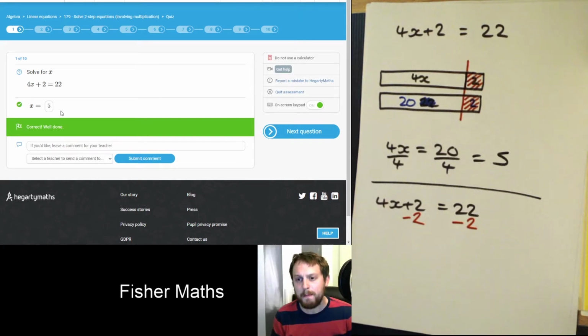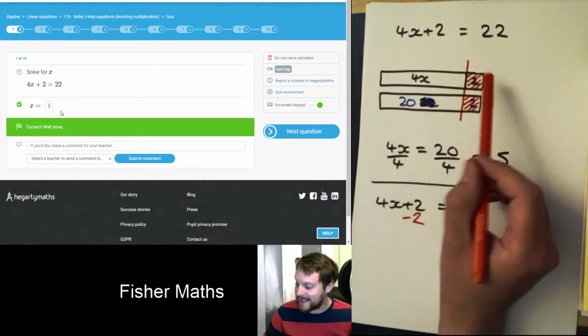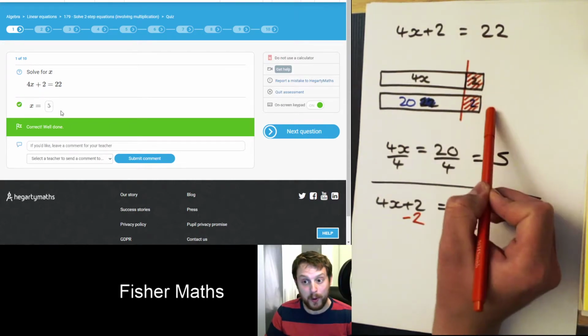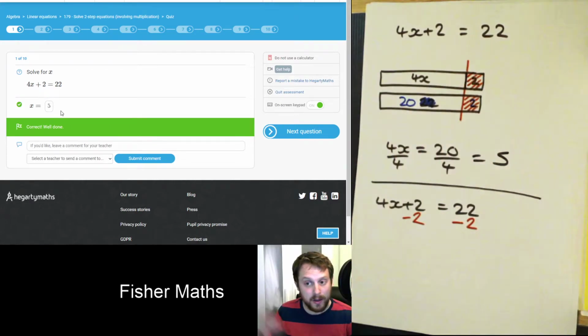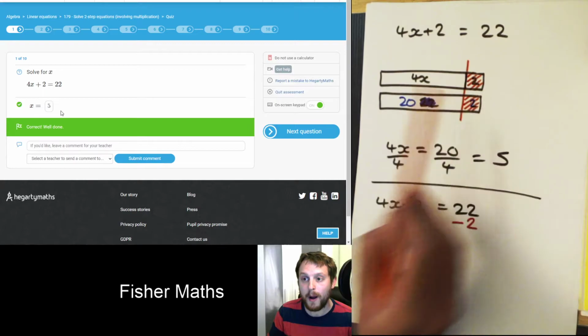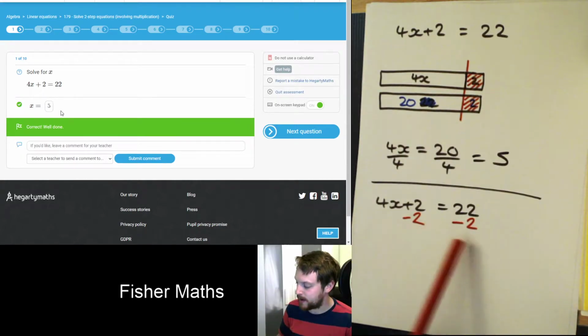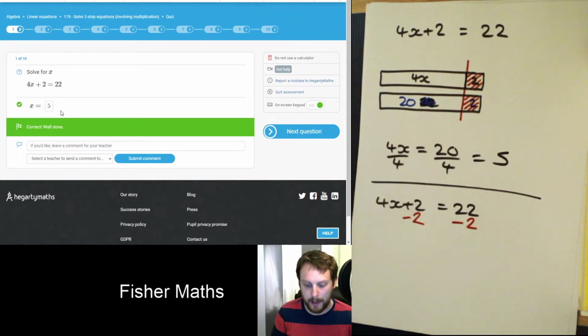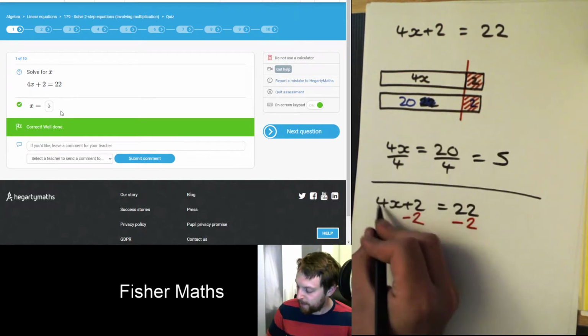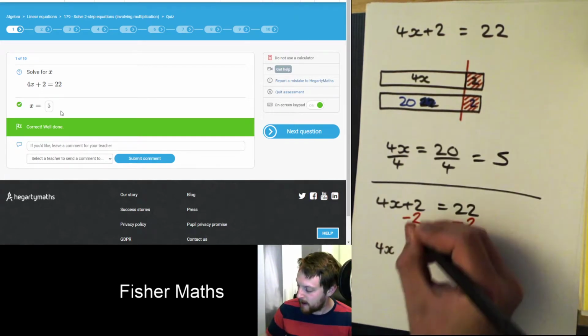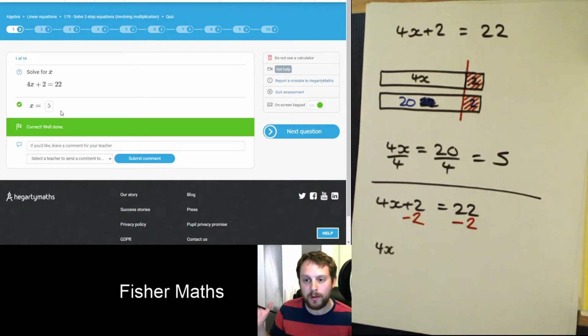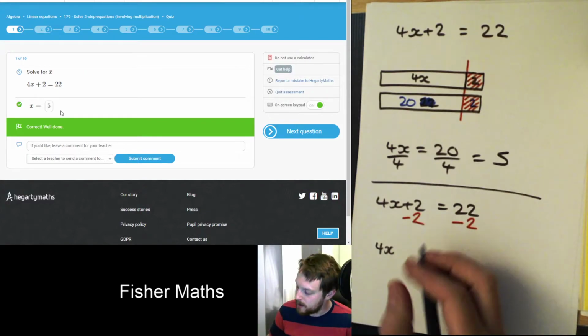And I do that from both sides of the equation. I keep the equation balanced. I did take away 2 from both of these. It wasn't just one of them. I chopped it off both of them. This is the same thing going on here. I'm just not drawing the bar. And so the 4x is still there, but the 2 and the minus 2 go. They disappear. It's gone to 0.